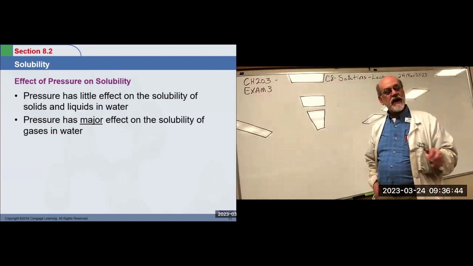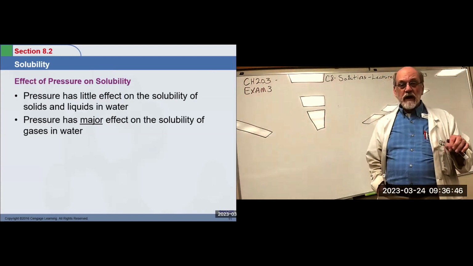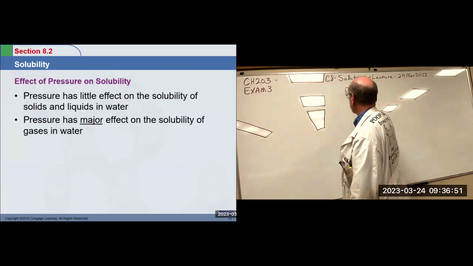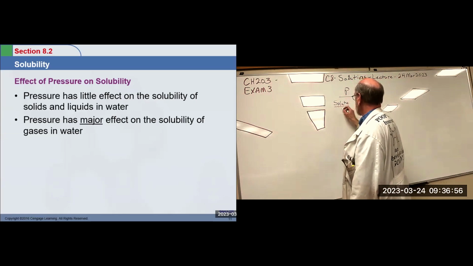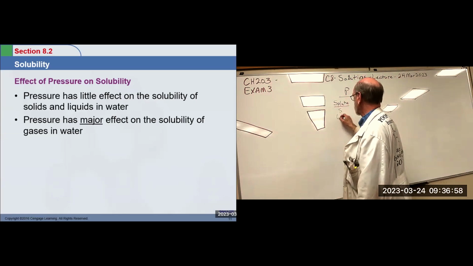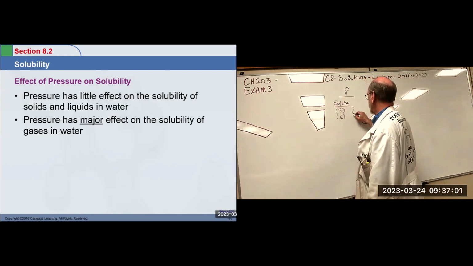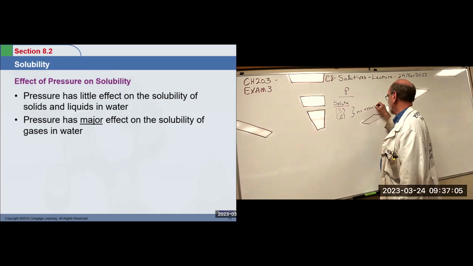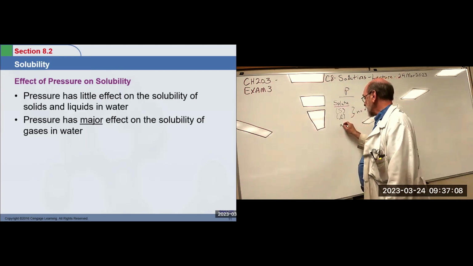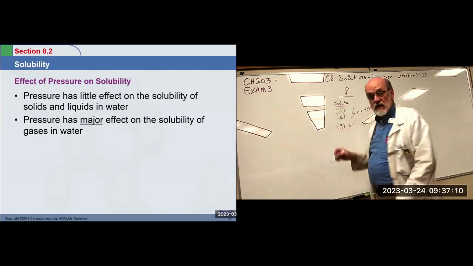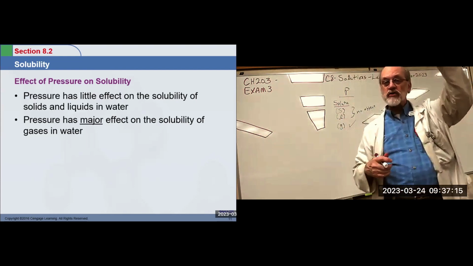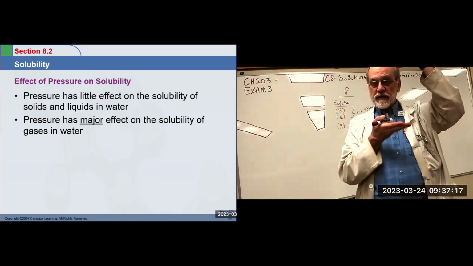What effect does pressure have on solubility? Well, if the solute is a solid or a liquid, no effect. But if it's a gas, you have a substantial effect of solubility of the gas with pressure over the solution.